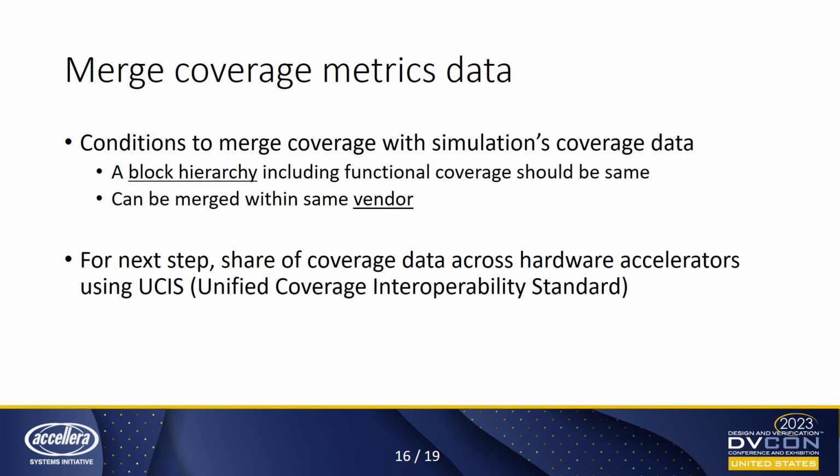If coverage matrix data can be merged using UCIS, we can just select the proper emulator regardless of the simulation for each special situation and manage the verification progress with only one coverage database.